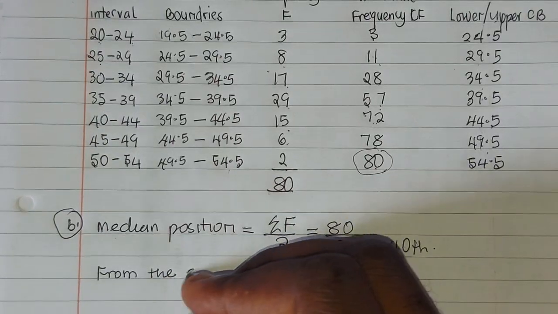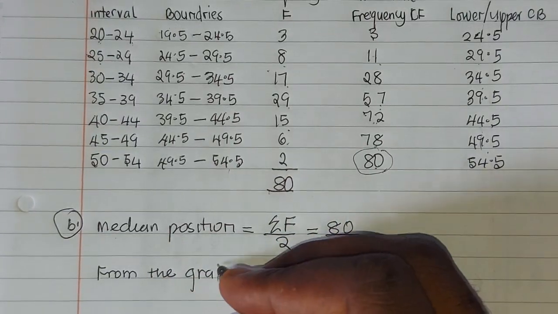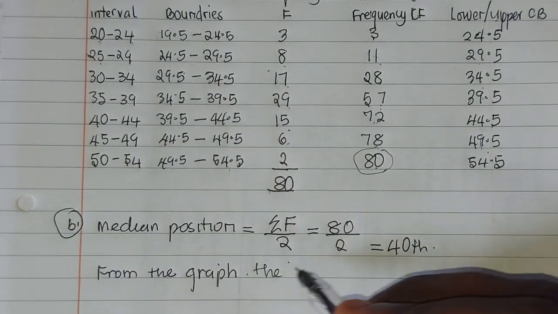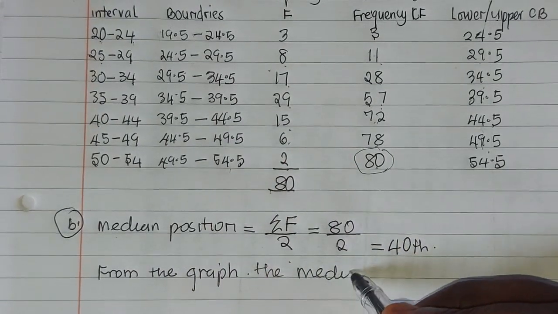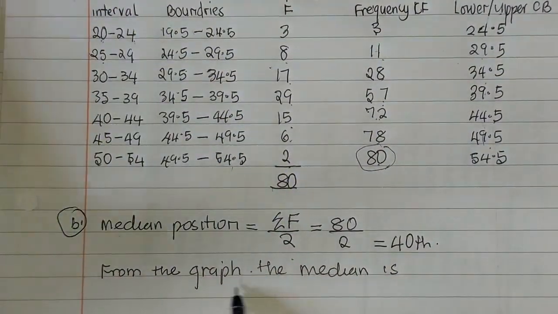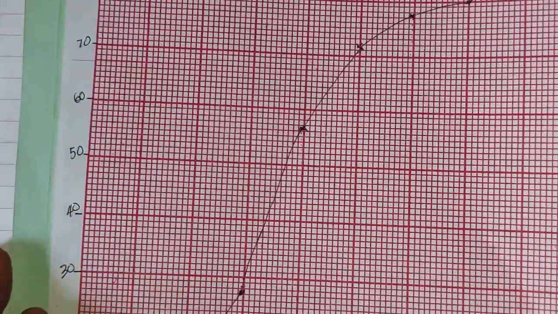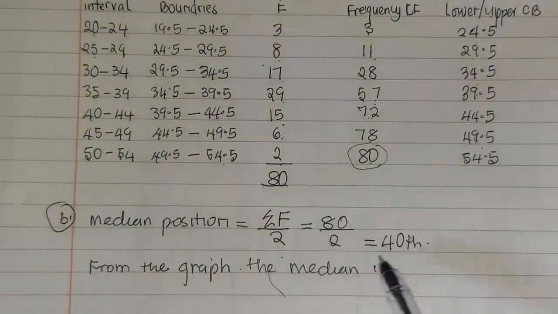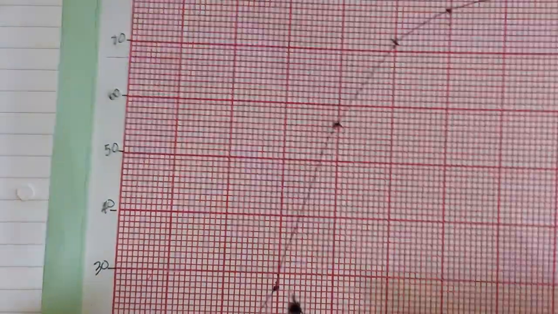So from the graph, how do you locate the median? I'm going to show you. You go to your graph, okay, this is cumulative, that is the 40th position. You go to the cumulative frequency and locate 40.